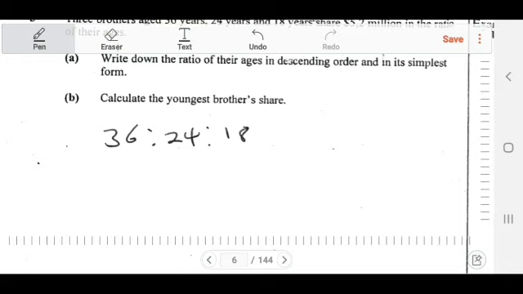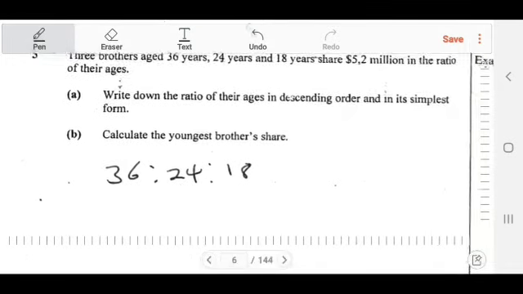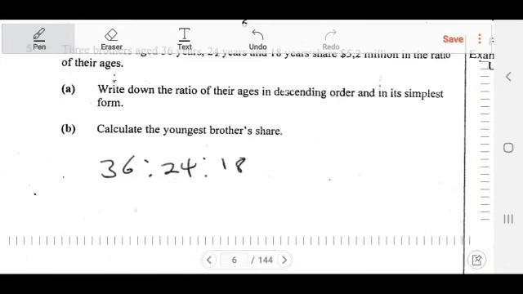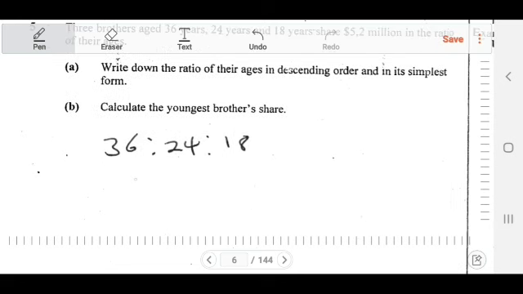So ratios are supposed to be left in lowest terms. So here we're supposed to simplify to lowest terms. We can divide by 6: 6 into 36 we get 6, 6 into 24 we get 4, 6 into 18 we get 3. So this is our ratio.